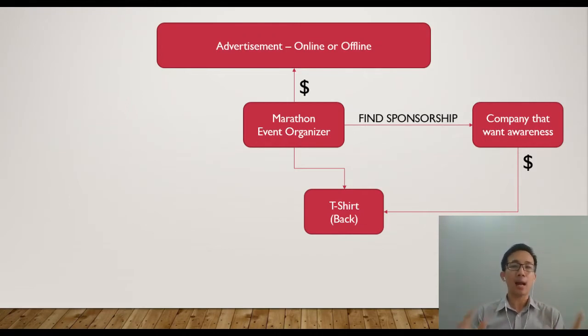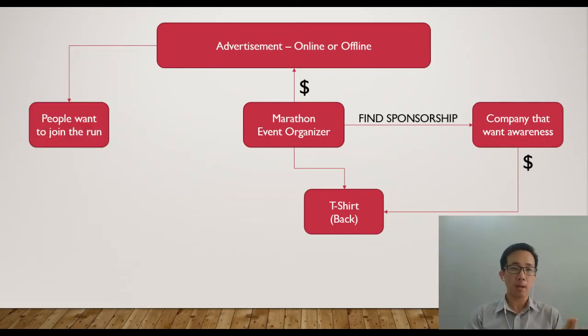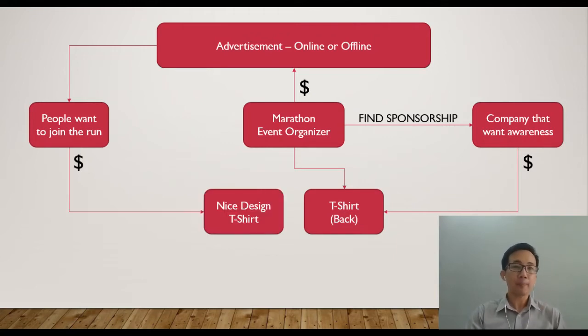Normally when you see those marathon runs, there are at least some logos on the t-shirts. So this is how things work. But this doesn't stop here. How about the people who want to join the run? When the advertisement comes out, people see this, they are interested. They are going to pay money to get the nice t-shirts and join the run.